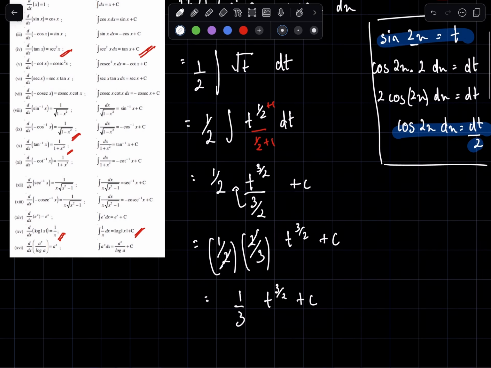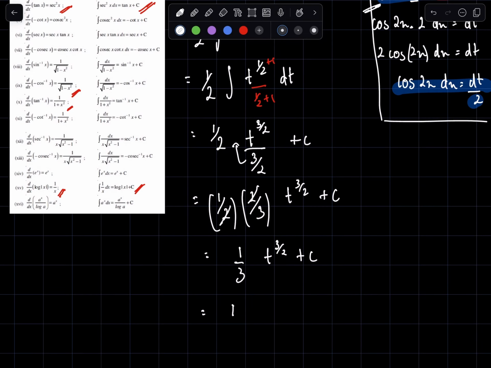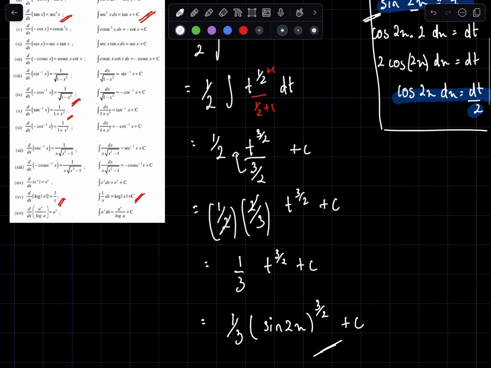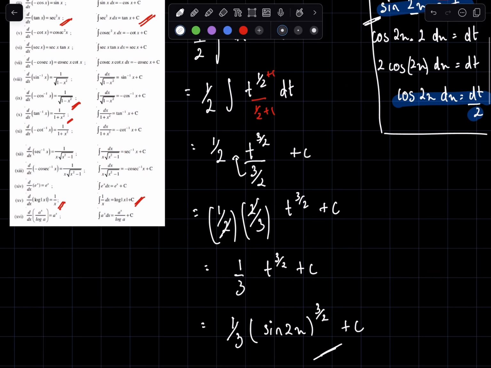Just substitute your t value now, which is sine of 2x. 1/3 of sine of 2x to the power 3 by 2 plus c. Correct? So hopefully I am right. Correct. That's correct. Okay, so we're done with 27.